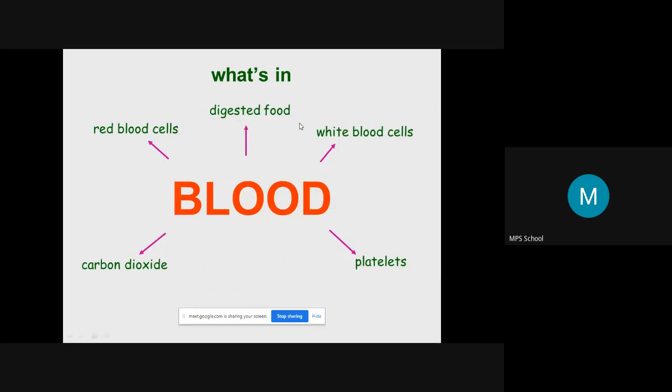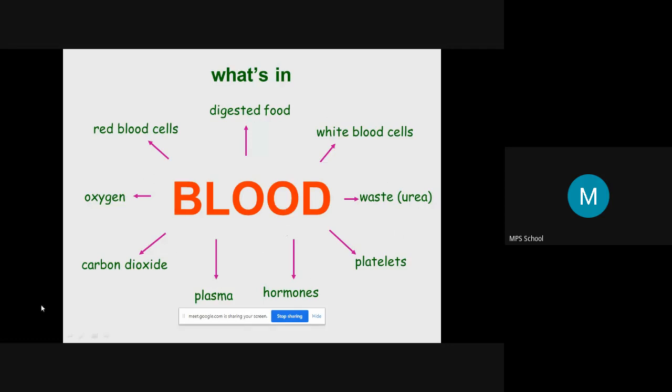We have our digested food, which will be carried in the blood, and plasma, and hormones, oxygen, and our waste.